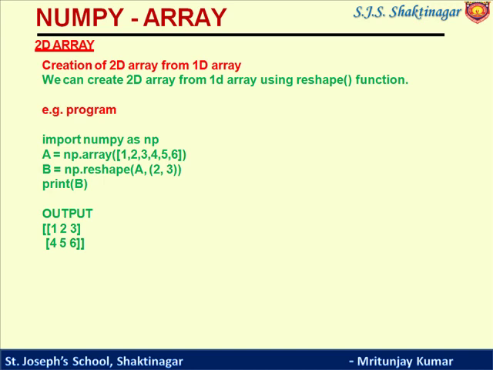To create a 2D array from a 1D array, we can use the reshape function. See in the program. First of all we will import the NumPy package, and after that we'll create an array. So A is equal to np.array, and it contains 6 elements: 1, 2, 3, 4, 5, 6.